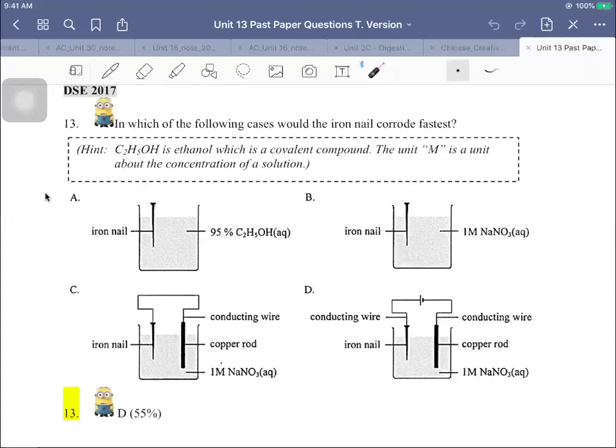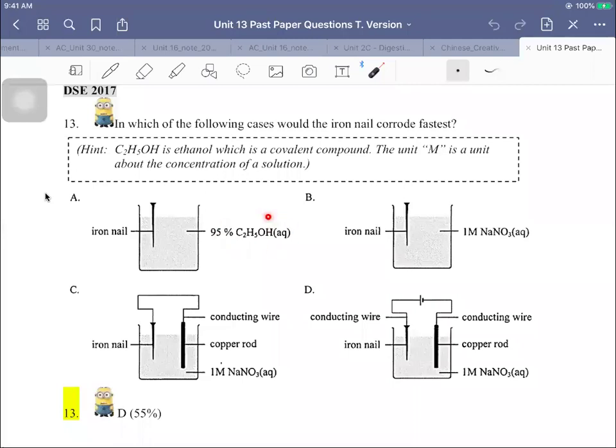So first, let's compare A and B. The only difference is that in A, we use ethanol. Later this year, you're going to learn how to name organic compounds. That's an organic compound, ethanol, and as mentioned in the hint, that's a covalent compound.